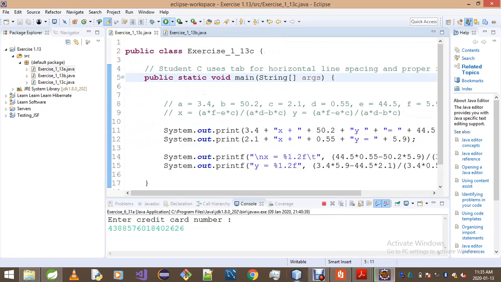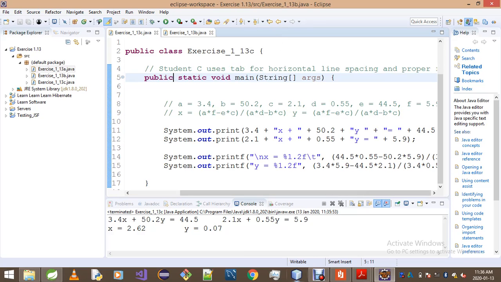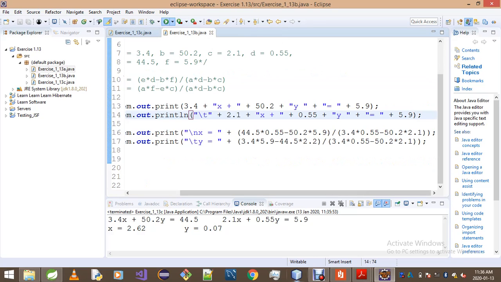Let's check it for the last time. Why do we have y equal to 0.07? Seems like I messed up somewhere somehow, you guys, but you can modify it yourself and see where I might have messed up.